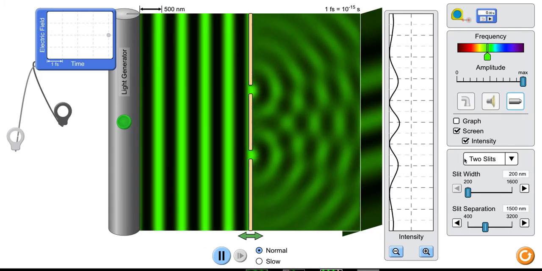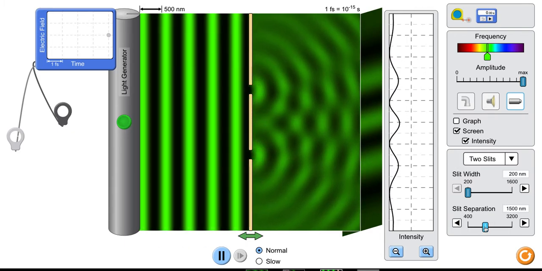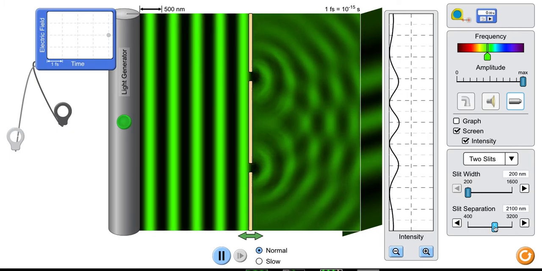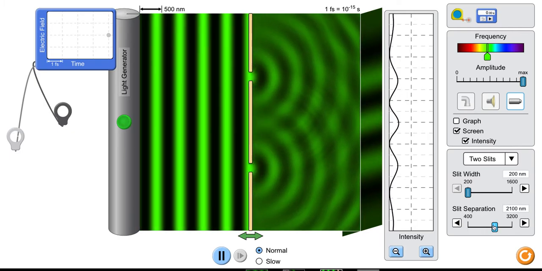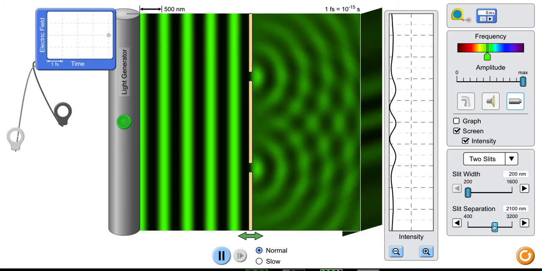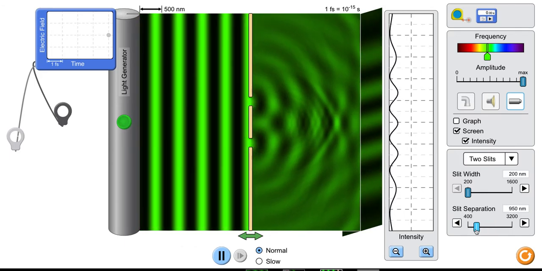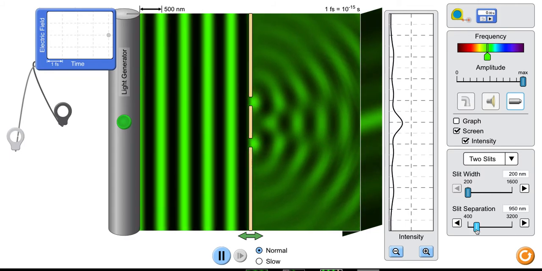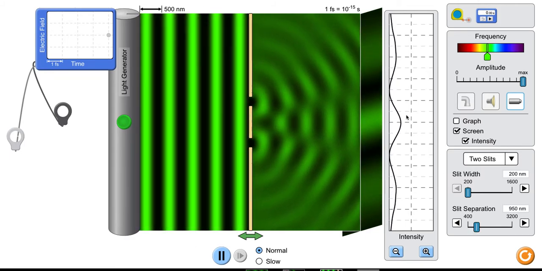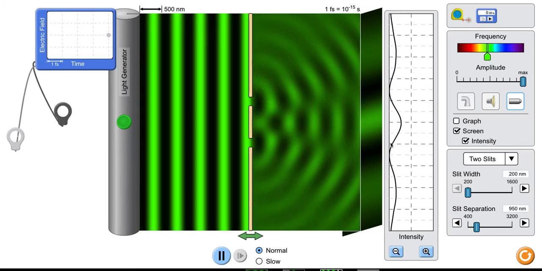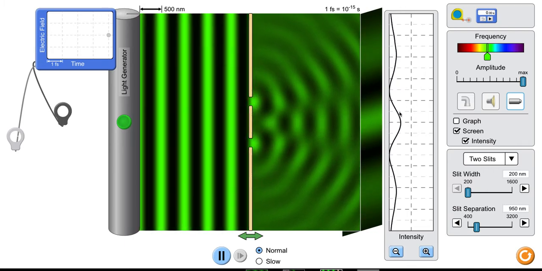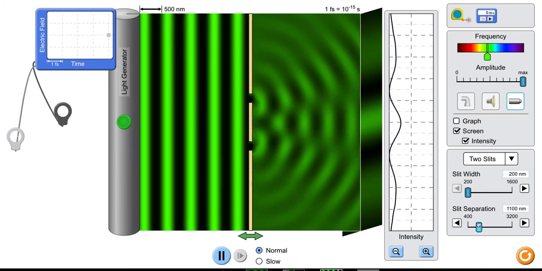Now let's see if we can increase this, or rather make this a little more prevalent. All right. As the slits get closer together, you can see that this is a bit brighter than the outsides.